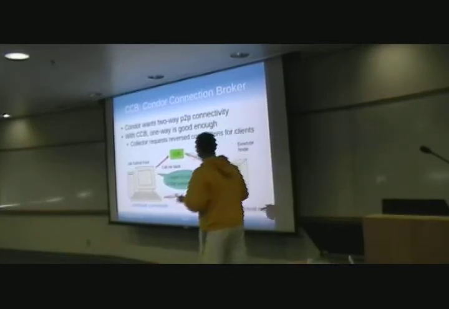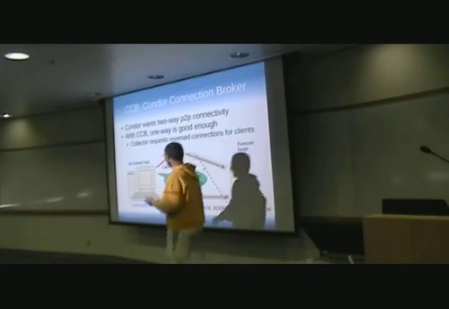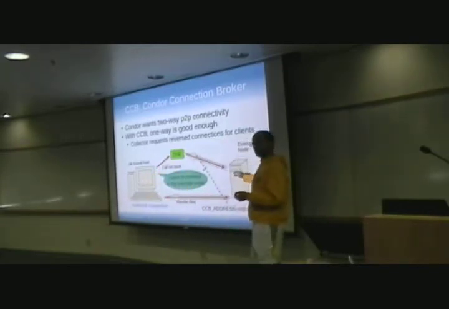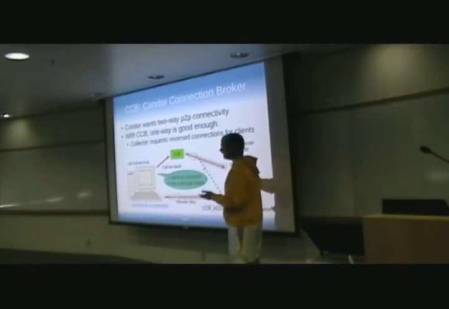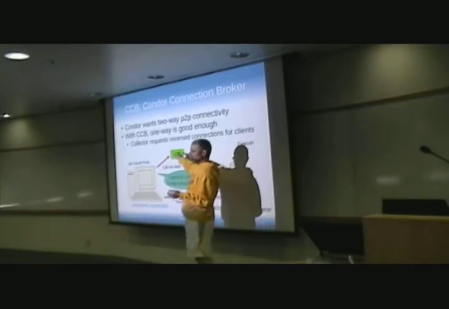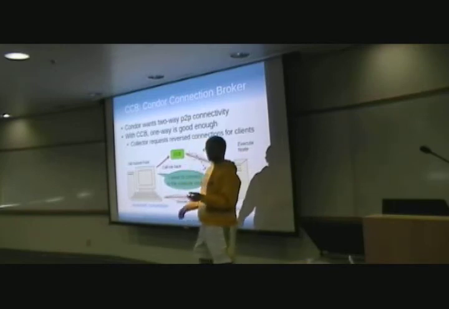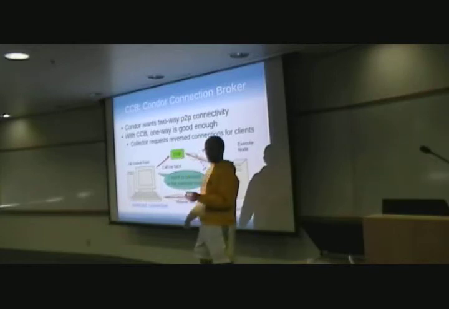And now, when a match is made, we said the schedD will try to talk to the execute node. But if this is behind the firewall, this will never work, right? So what CCB is here for is to reverse the connection from here. So what happens is the startD, when it starts up, opens a permanent connection with the CCB and advertises in the collector, if you want to talk to me, talk to the CCB, and the CCB will relay your message.